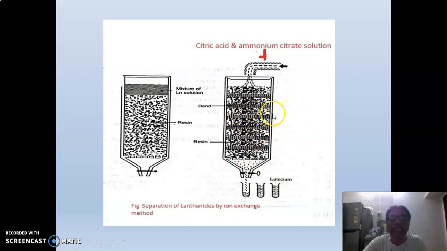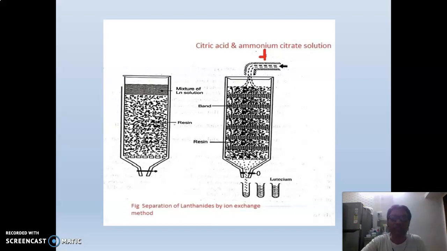Not only that, it also increases the cation exchange capacity of the resin column, and it gives a very good separation factor. Separation factor plays a very important role in the separation of the lanthanon. If the separation factor deviates from unity, then the proper separation of the lanthanon ions takes place.